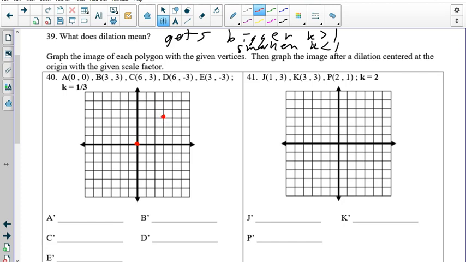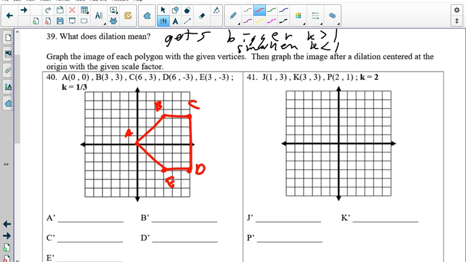C is at 6, 3. D is at 6, negative 3. And 3, negative 3 right here. All right? So A, B, C, D, E.